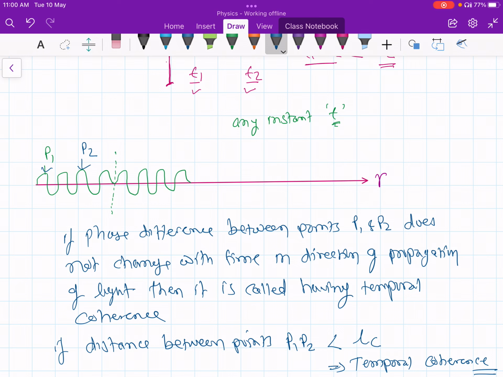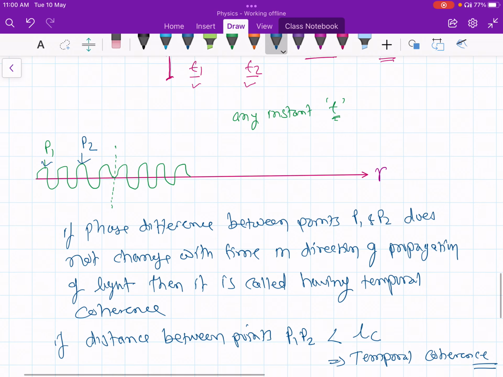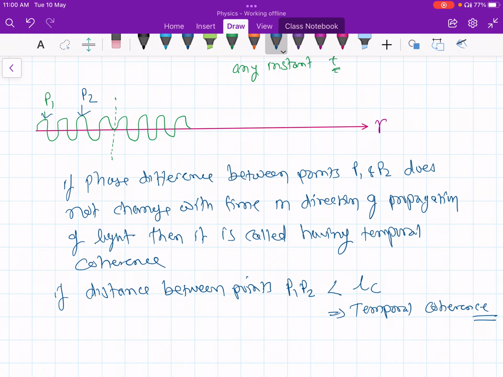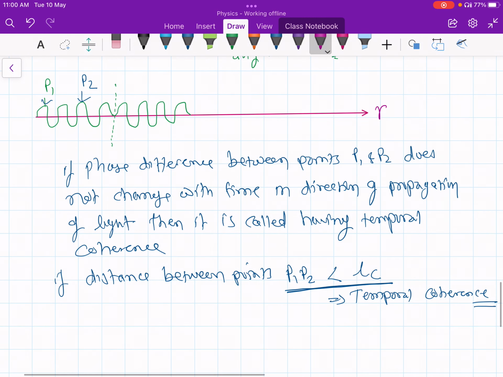That is possible only when P1 and P2 are on the same wave packet. That is, when the distance between them is less than the coherence length, then you can say that points P1 and P2 have temporal coherence.